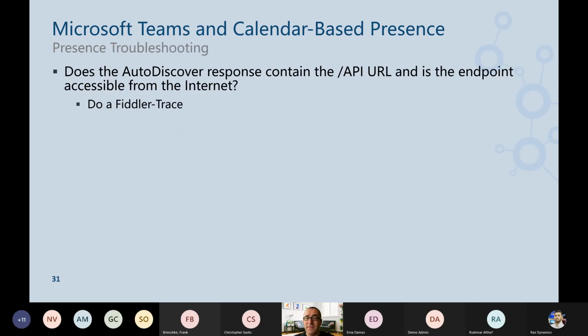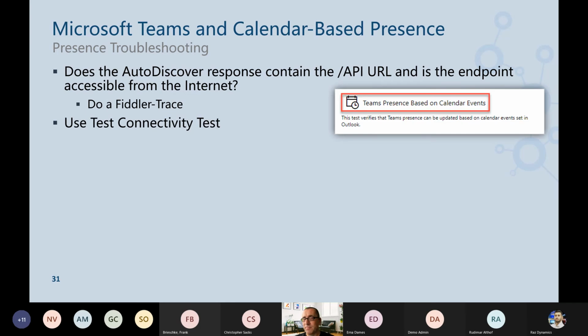So what can we do if the API URL is not available? Again, name resolution and doing a Fiddler trace. And again, we have support from the product group here: the test connectivity website does provide a test for this.